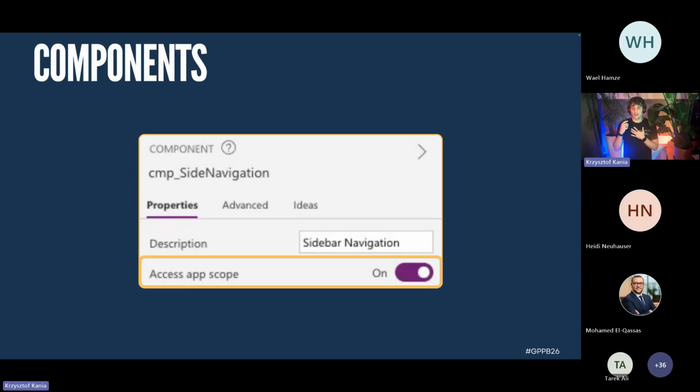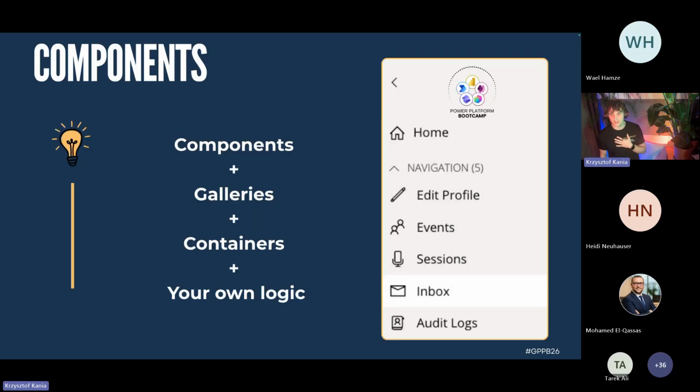Me personally, I always turn on access app scope and I have access directly to what I need inside a component without passing additional parameters. Of course, I pass parameters to define items, but we'll get into this soon. So components allow us to create the already mentioned side-by-side navigation.